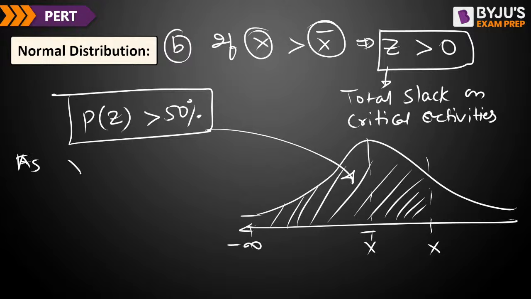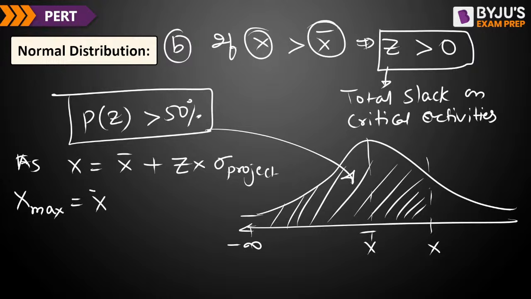So as we know, x is equal to x bar plus z into sigma for the project. If we want x to be x maximum, then we can say x bar plus z maximum into sigma for the project.